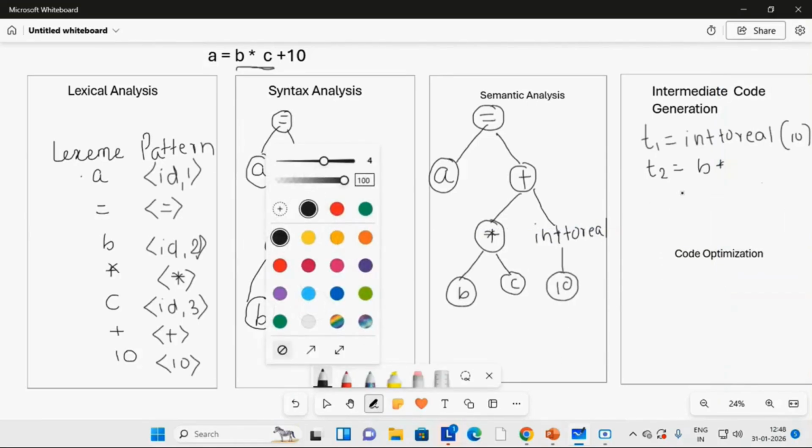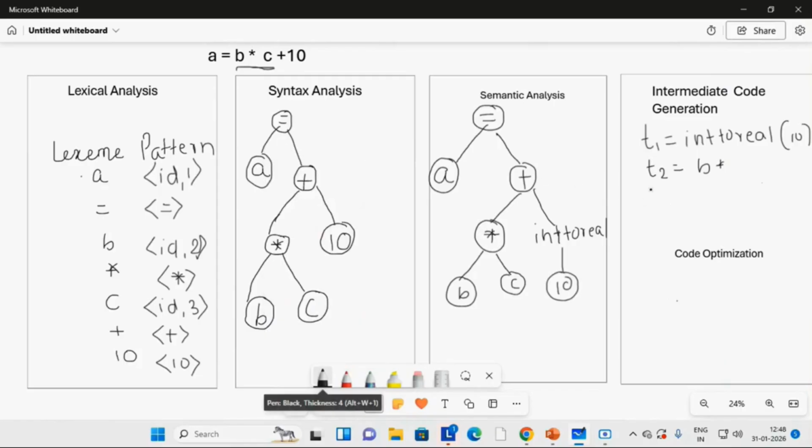Okay, so T3 is equal to, this is B into C, I forgot, and T3 is equal to T2 plus T1. T3 is equal to T2 plus T1, and then this result is saved in A, so A is equal to T3.